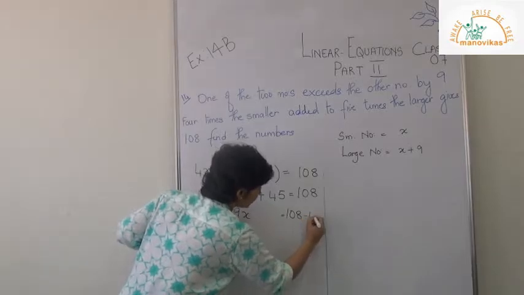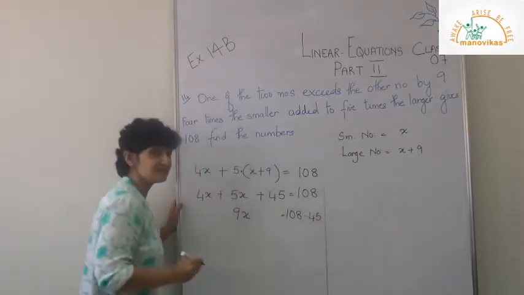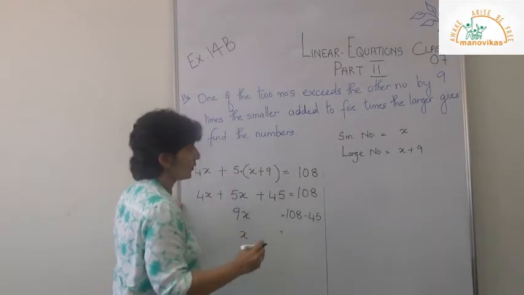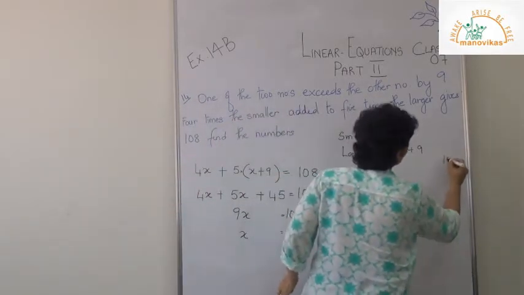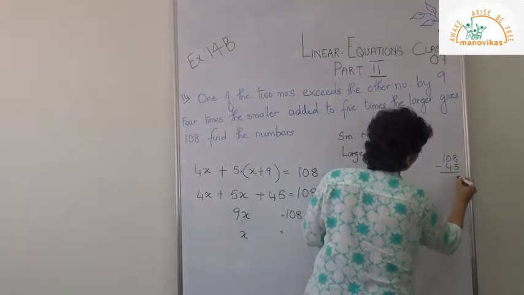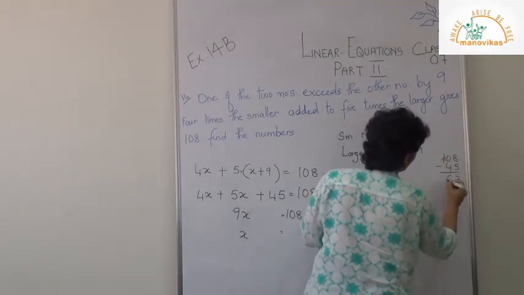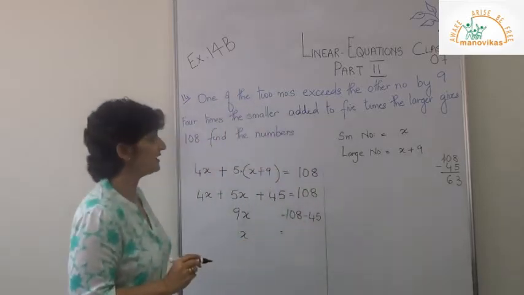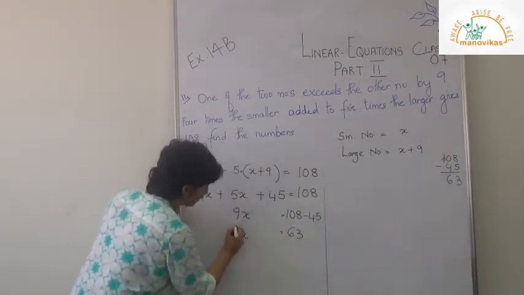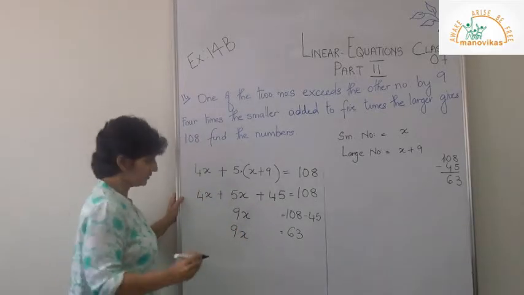When I take that side, that would give me minus 45. So x is equal to, when I solve, 108 minus 45. That would give me 3 when you borrow, and this gives me 63. So this would be 63. 9x is equal to 63.